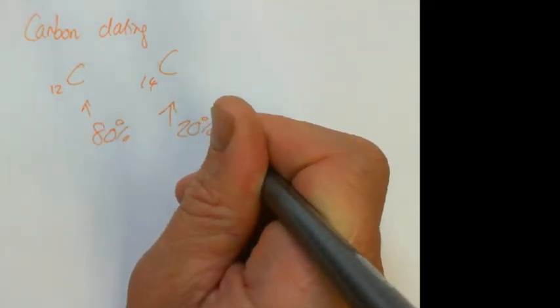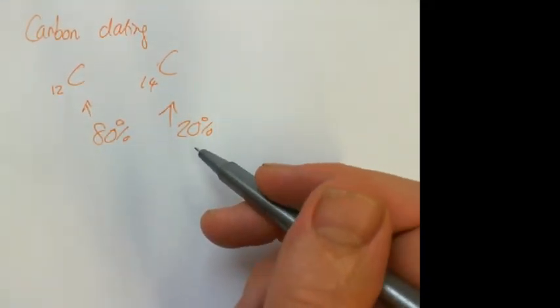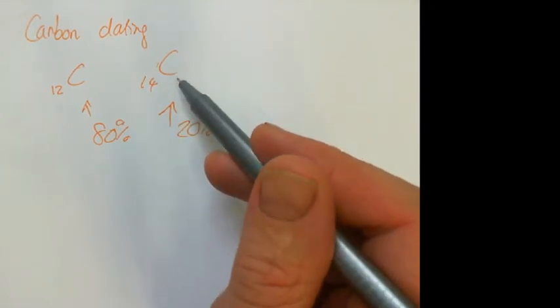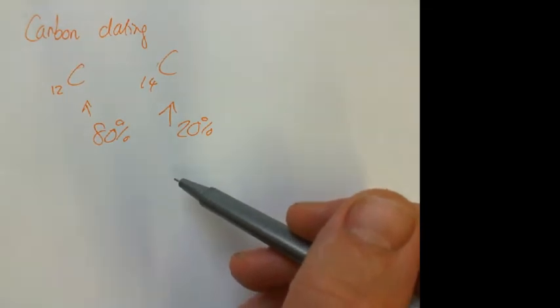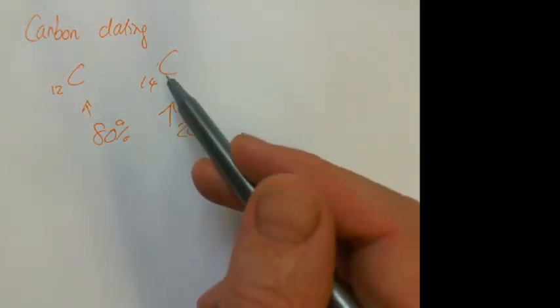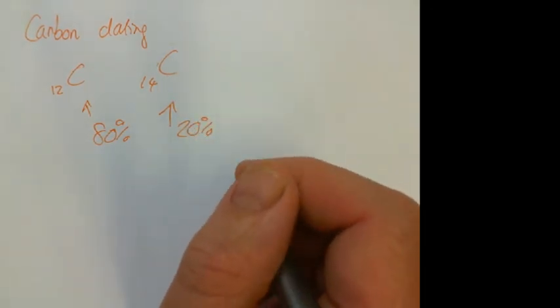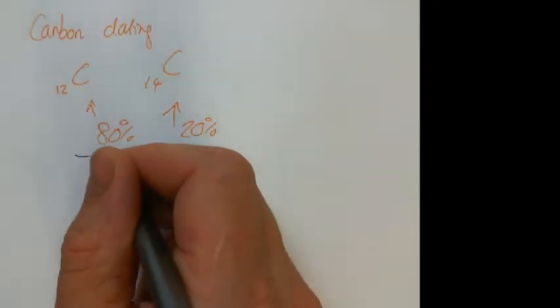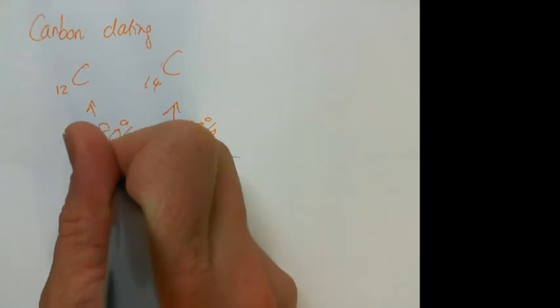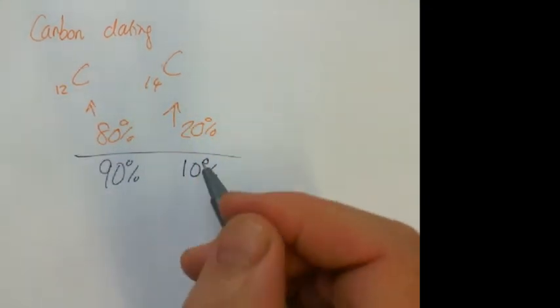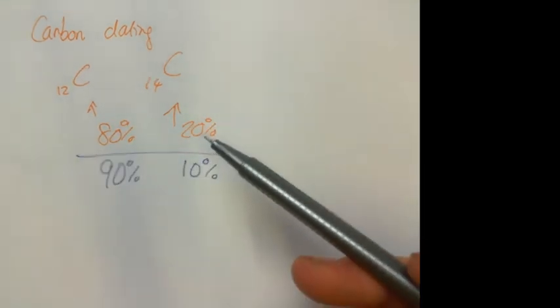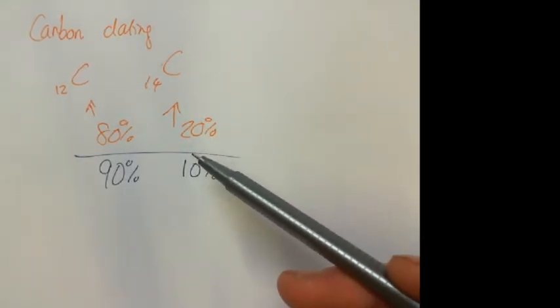And as you die, you don't get any more carbon-14, and your carbon-14 turns into carbon-12. So if your percentage of carbon-14 has dropped to 10%, so let's say you've been dead for a while and your mixture is now 90% carbon-12 and only 10% carbon-14, you can see that the amount of carbon-14 in this sample has halved.